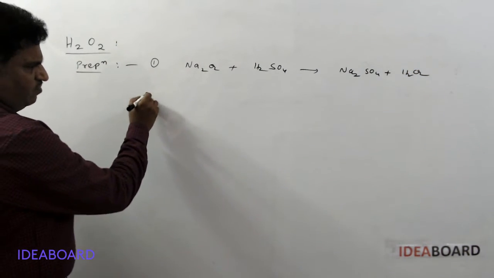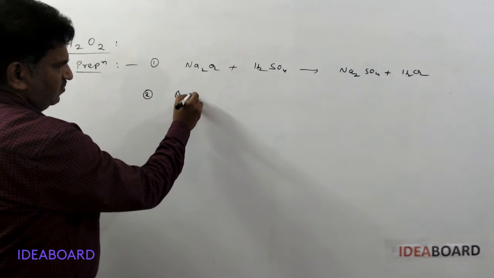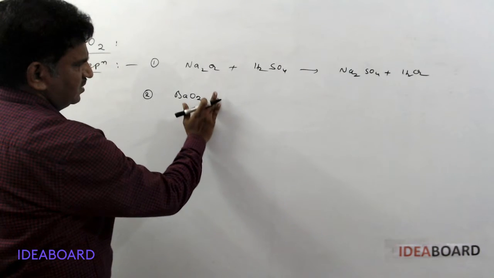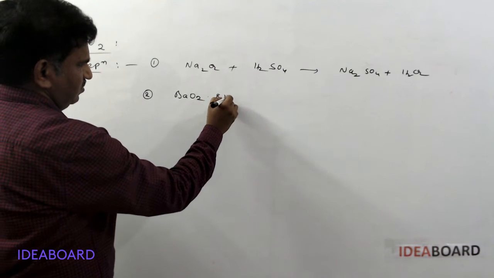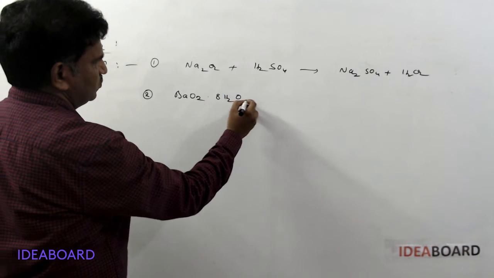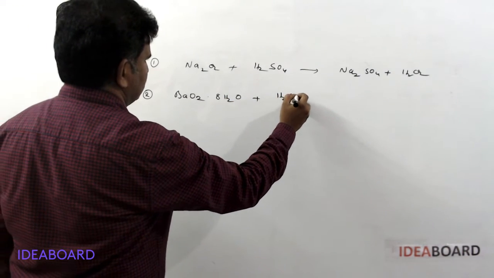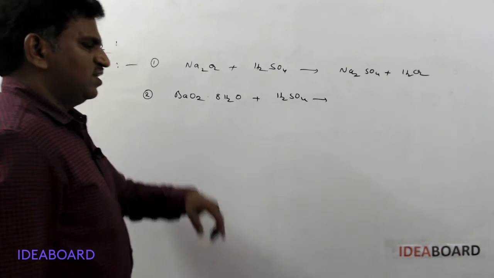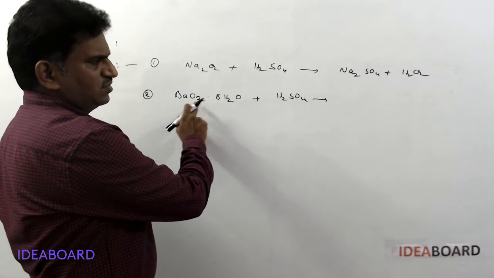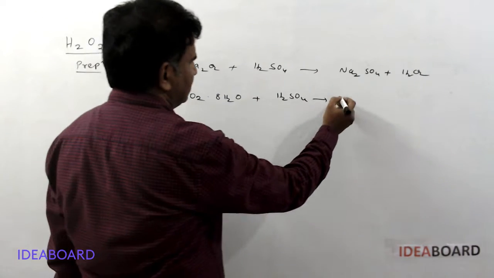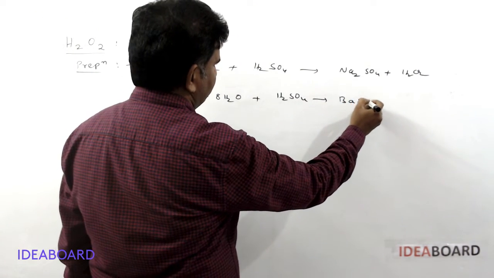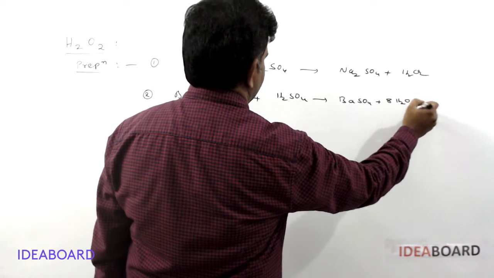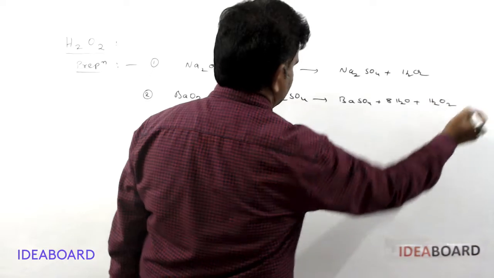The same type of method, but here if you are using barium peroxide octahydrate, BaO2·8H2O plus H2SO4. So here barium peroxide octahydrate or hydrated barium peroxide is reacting with sulfuric acid, then it forms barium sulfate plus 8H2O plus H2O2.